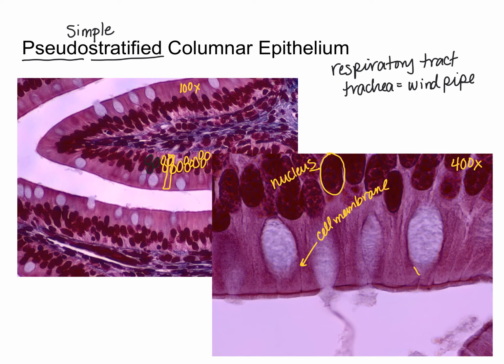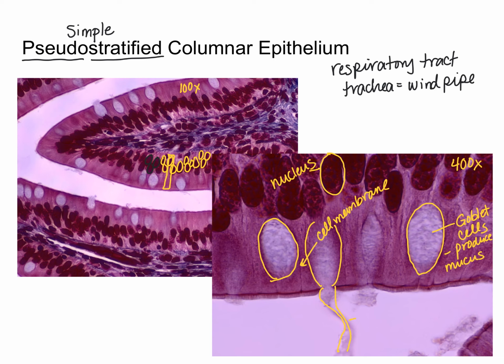Now you also see these odd shaped structures here. And these are called goblet cells. And goblet cells produce mucus. So you can actually see, and I think this is a really cool picture, you can see this stuff coming out of this cell here.